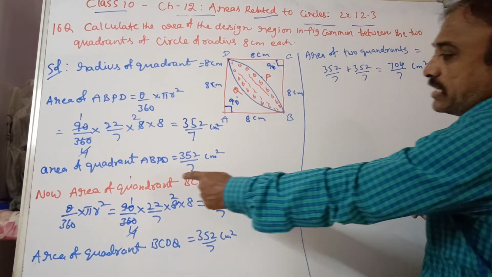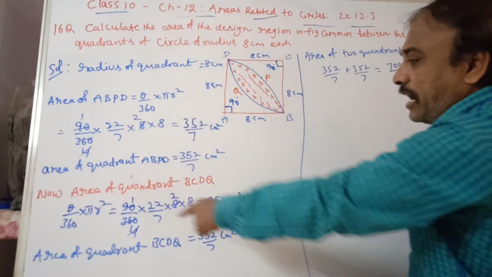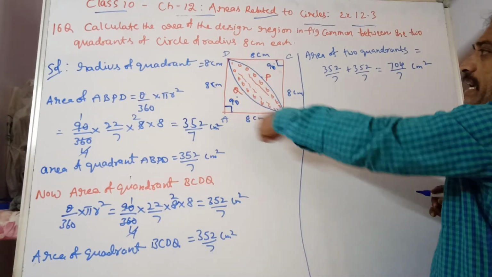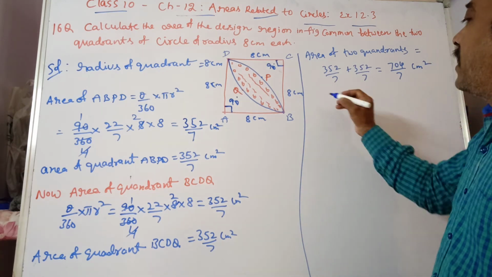Area of two quadrants. What are the quadrants? BCDQ, and area of another quadrant is ABPD, the two quadrants. Now find out area of the square.